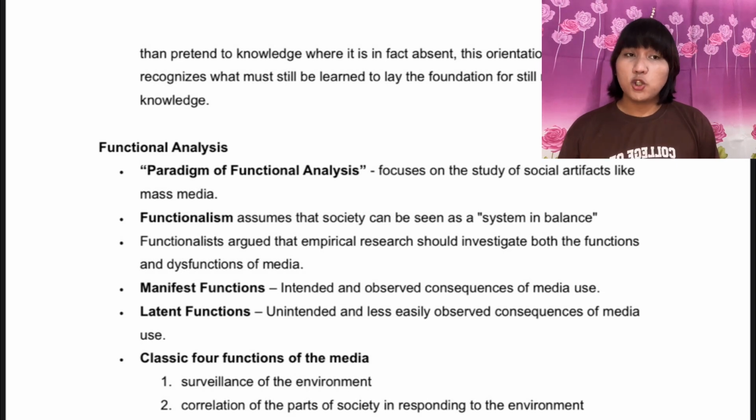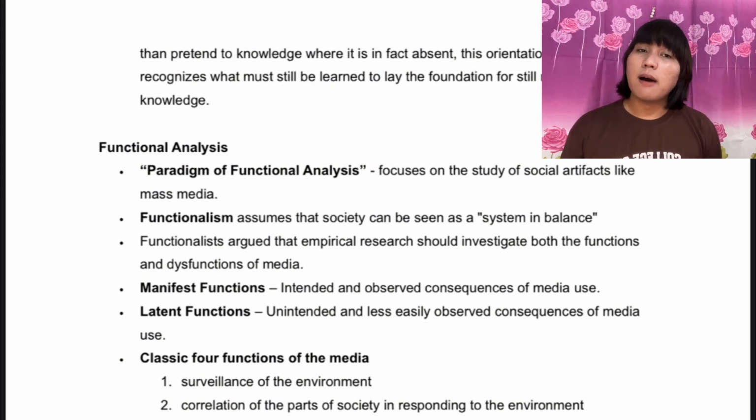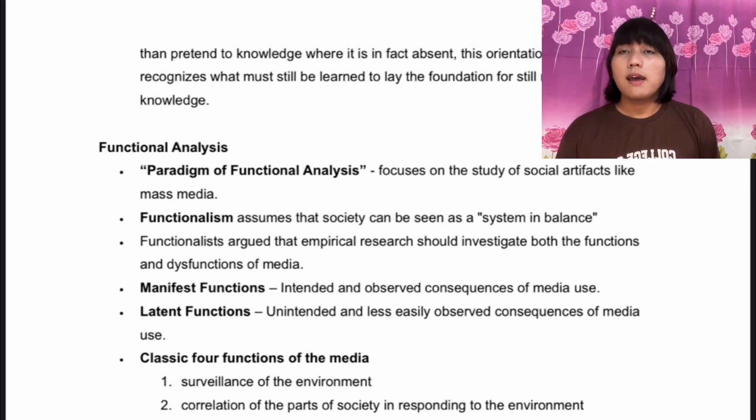Functionalism assumes that society can be seen as a system in balance, with each form of social activity playing a part in maintaining the system. Functionalists argued that empirical research should investigate both the functions and dysfunctions of media, allowing for a systematic evaluation of media's overall impact.